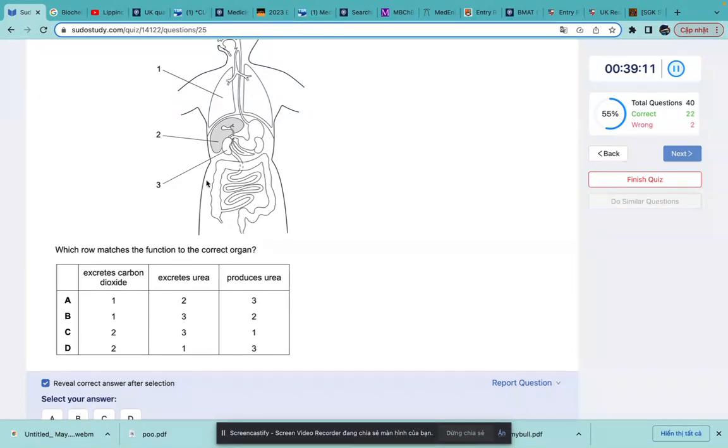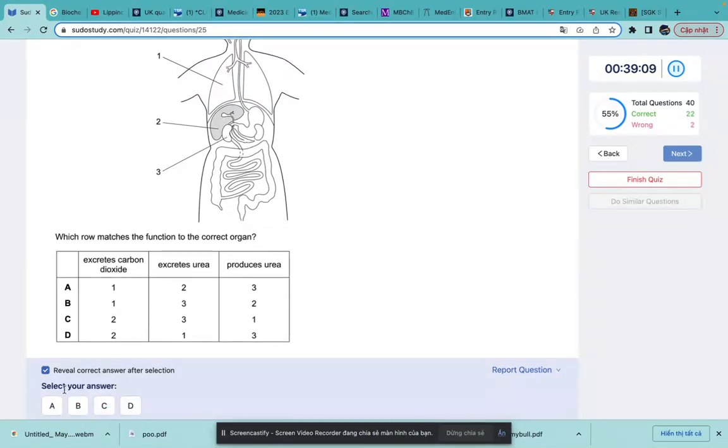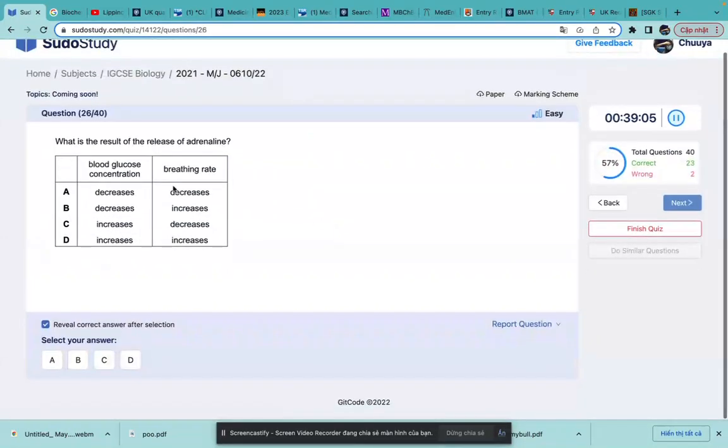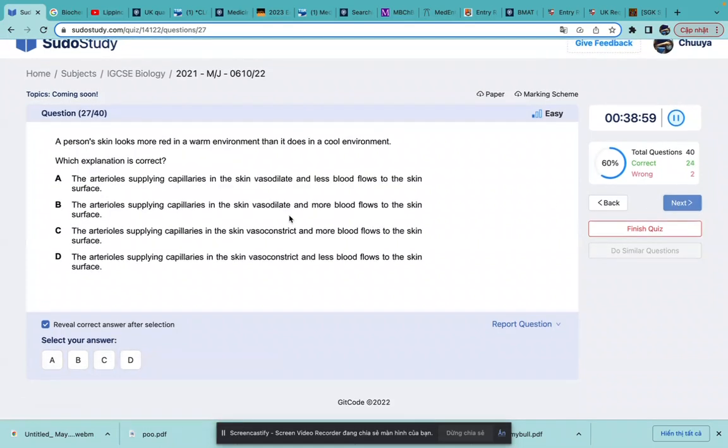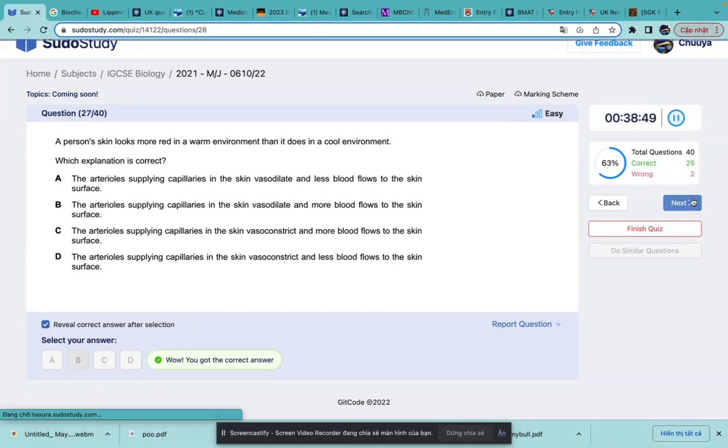Two produces urea, and three excretes urea. The blood glucose increases and breathing rate also increases. Well, we're talking about vasodilation here, so it dilates and more blood flows into the skin surface, hence why it's so red.